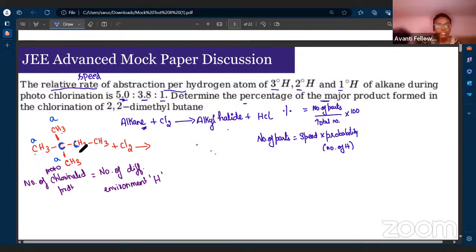So this environment is different, so I'm marking it as B. Now moving to this carbon. Is the environment the same as A or B? No, it is totally different. This CH3 is attached to CH2, which is different. So now you know how to find out the different environments. Are you clear? Everyone clear?